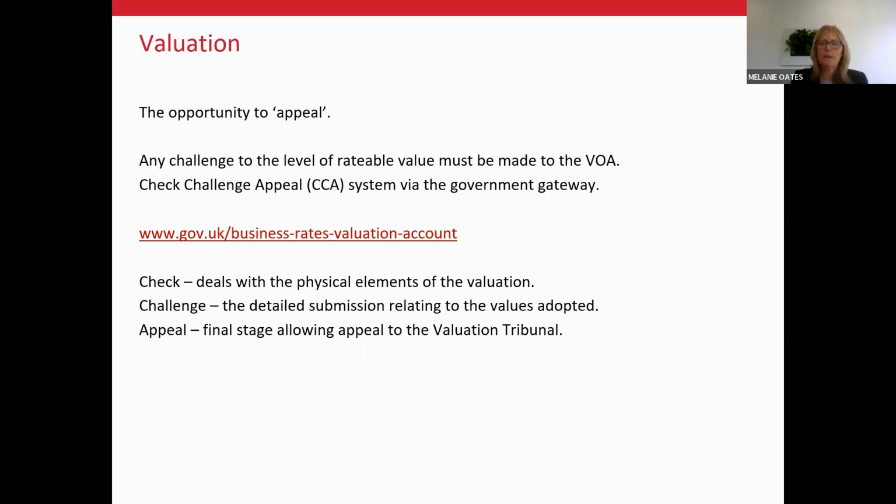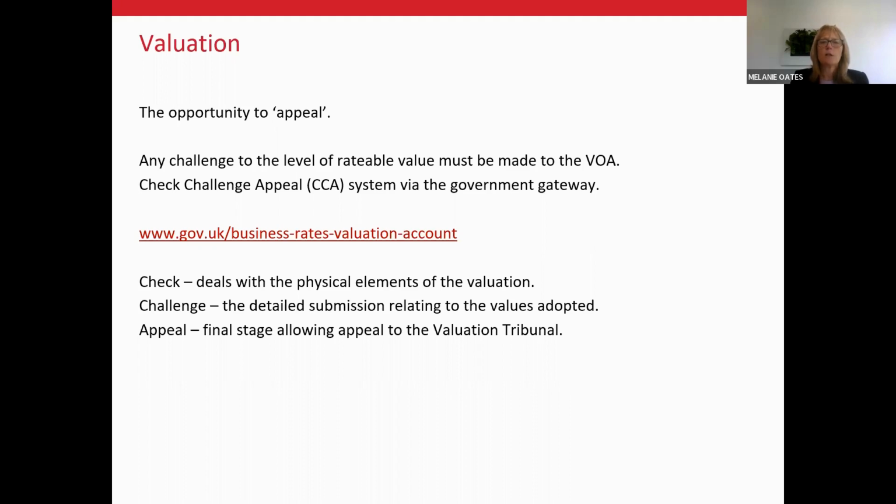You may already have a government gateway account, but there's a separate area there for business rates valuation, and you log on, create an account, and you will then be able to see a more detailed valuation. It will give you a little bit more detail than you can see on the Valuation Office Agency website.